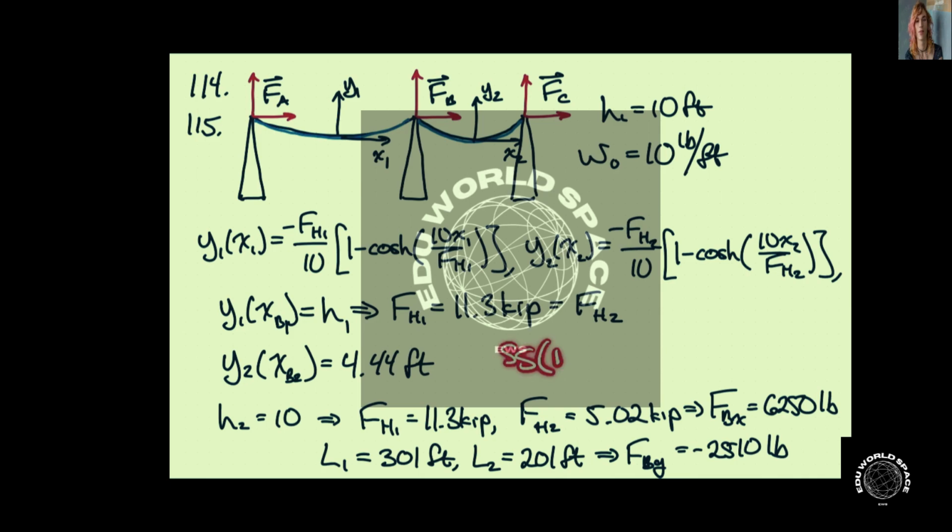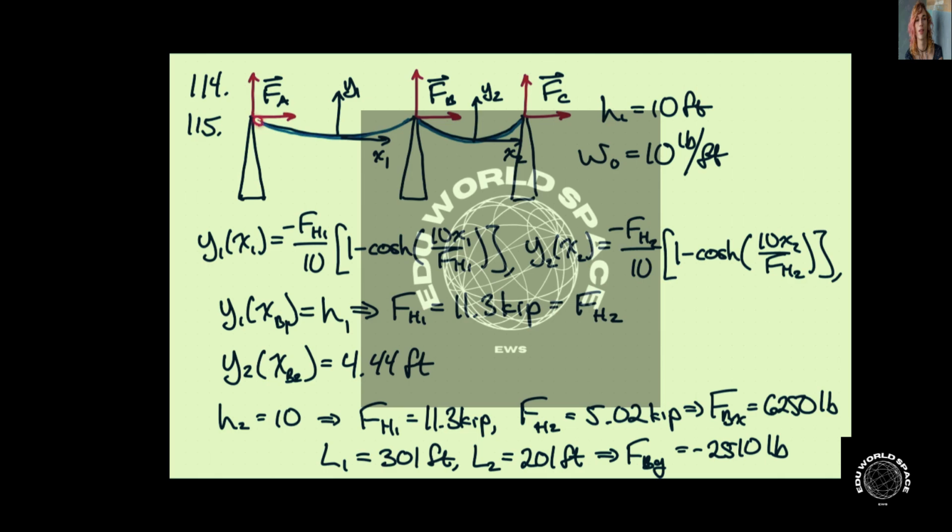So if we have S1 as a function of X1, then L would be S1 at XB1, which is 150 feet, and then we need to double that. So we find this length, and the other half gives us the total length, and that turns out to be 301 feet.